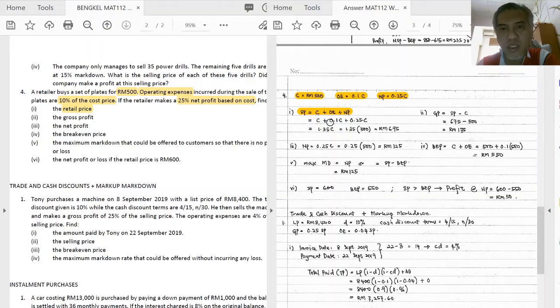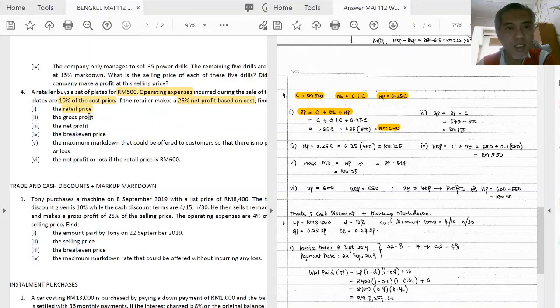So you have C plus 0.1C plus 0.25C. So combining, since this one has cost price, and the last one is also based on the cost price, you can combine everything. So 1 plus 0.1 plus 0.25, you get 1.35C. And you know that given C is equal to 500 ringgit, so substituting C with 500 ringgit, you get the selling price to be 675 ringgit. Okay, so that is the solution for the first part.